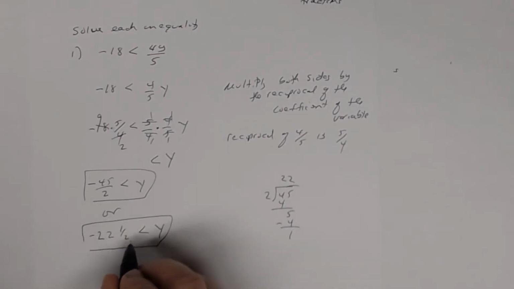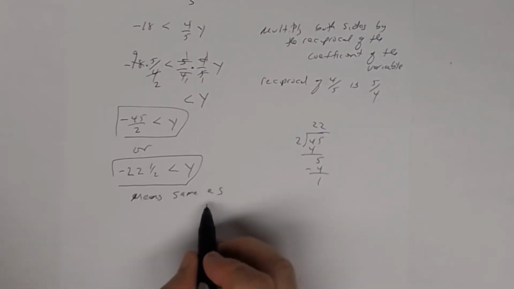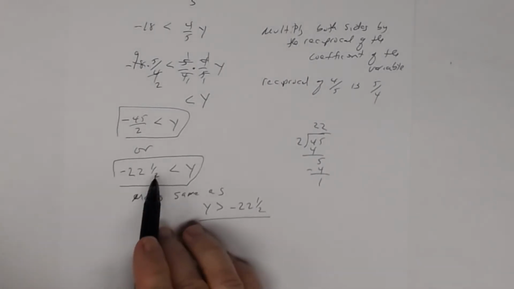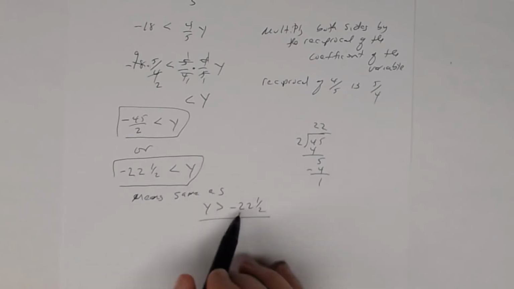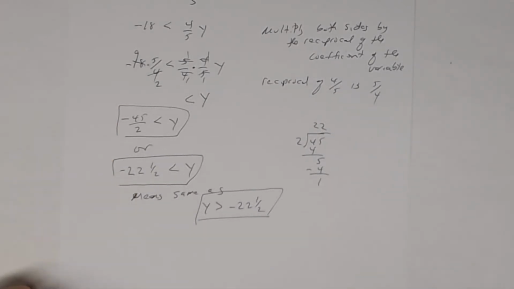Okay, just know that when you go backwards, this means y is greater than negative 22 and 1/2. All of these mean the same thing.